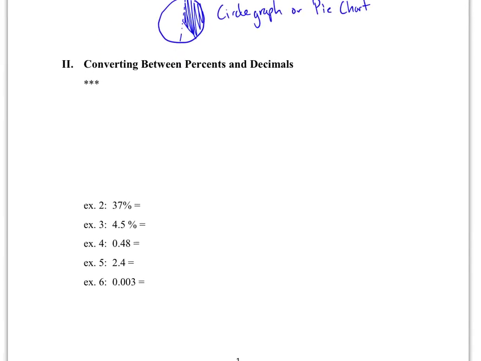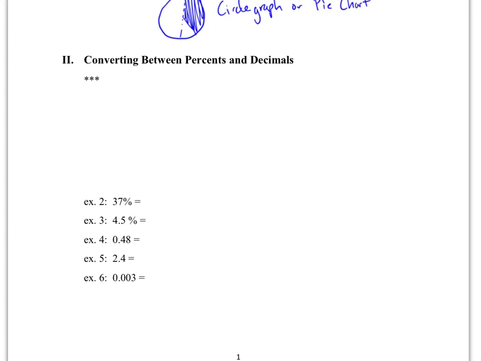So then we're going to do some converting between them. The big thing here is you're going to move the decimal 2 places when switching.